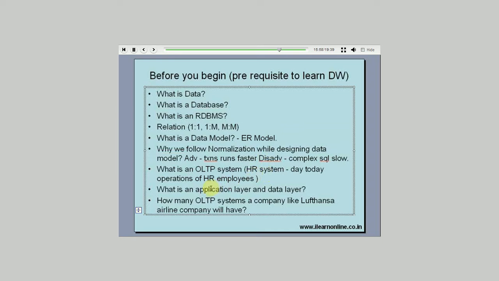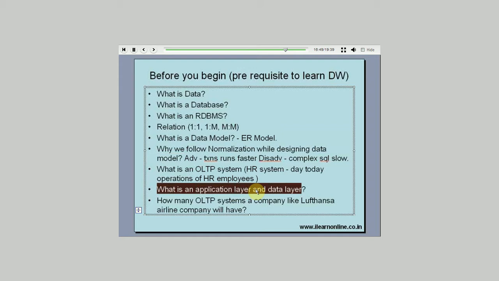Now what is an application layer and what is the data layer? So we'll go to the next one. For any application you take, there is a presentation layer, and in the presentation layer we capture the data or we display the data. Say, for example, you created an application for the HR system, where the data feeds in when a new employee joins or when a new timesheet is entered by an employee.